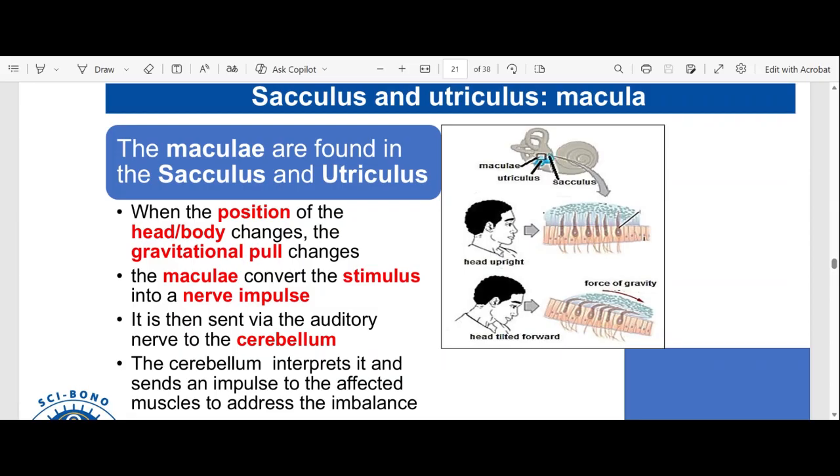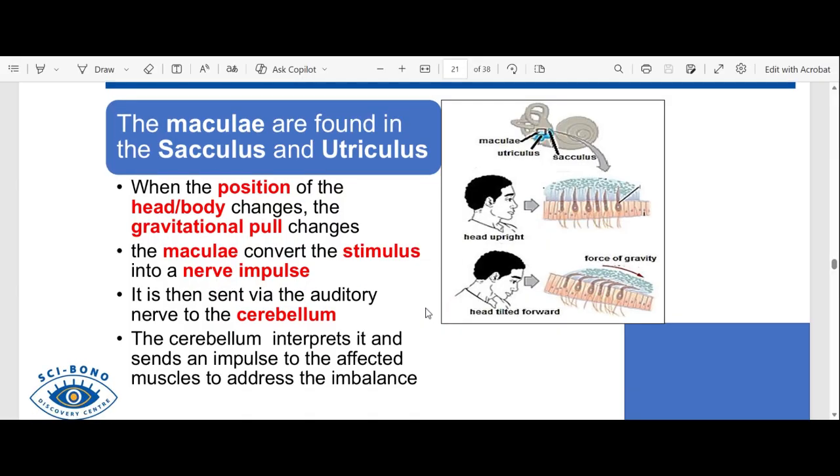Now let's start with the maculae, right? So what happens? When the position of your head changes, the gravitational pull changes also, which stimulates the maculae in your sacculus and your utriculus. Then your maculae will convert the stimulus into a nerve impulse.